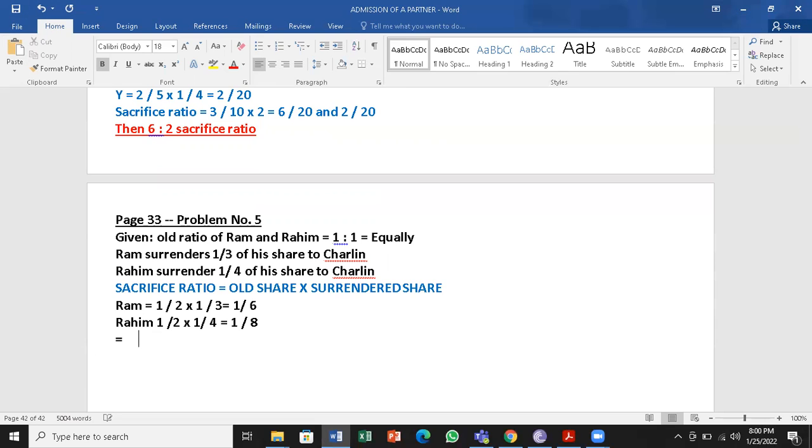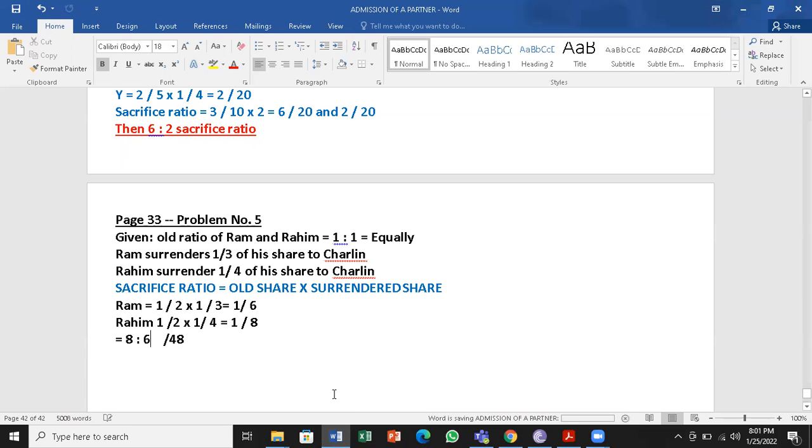So if you work like that, it becomes 6 into 8, 48. When you go for that, 48 divided by 6 is 8, 8 into 1 is 8. Then 48 divided by 8 is 6, 6 into 1 is 6.